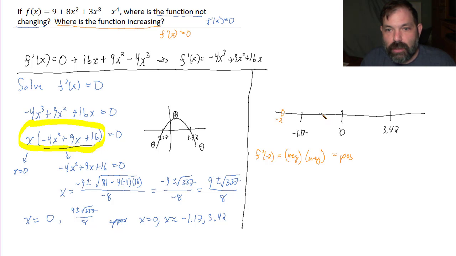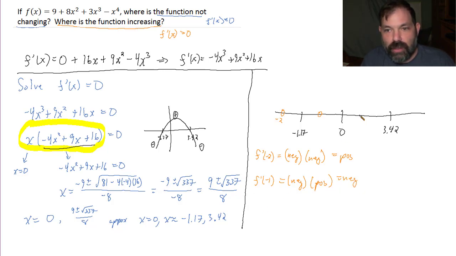Then I do something similar. Let's test negative 1. F prime at negative 1 would be a negative number, right? Since x is itself negative. And then since negative 1 is between negative 1.17 and 3.42, that would give me a positive. Negative times a positive is negative.